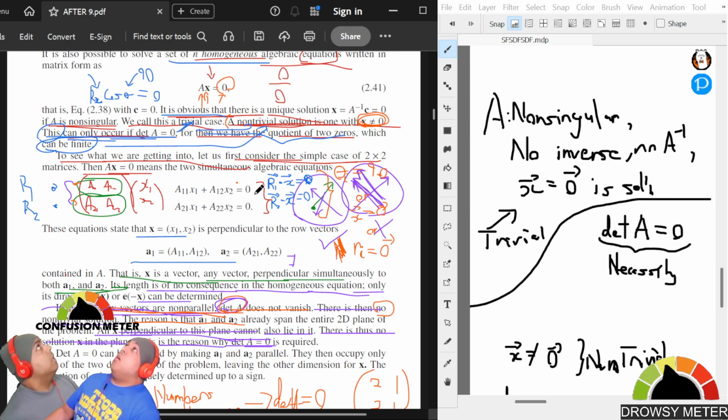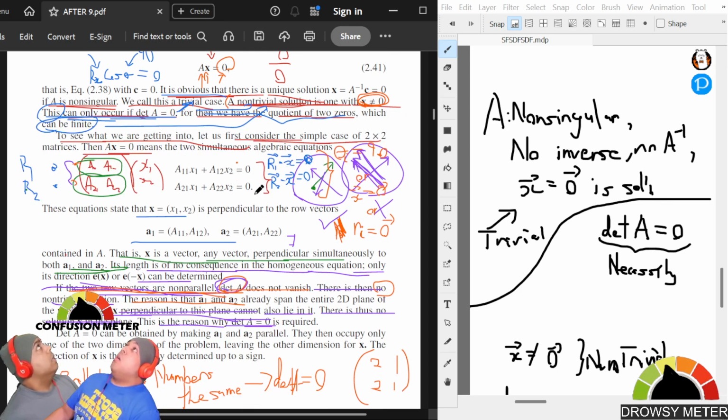AX equals 0. No solution X in the plane. Correct. I agree. This is why determinant A equals 0 is required.